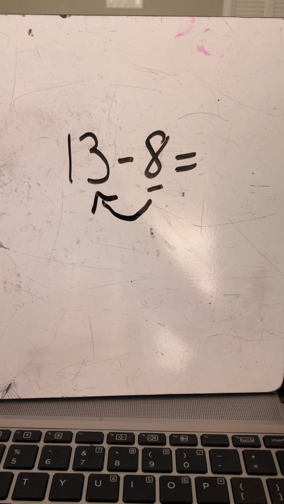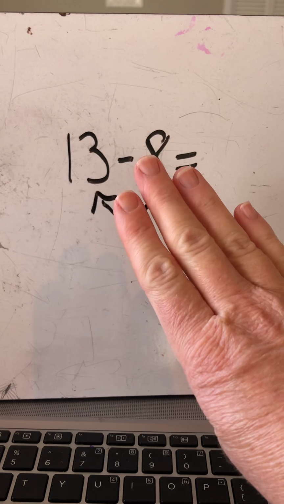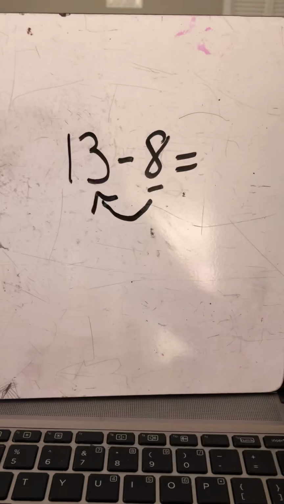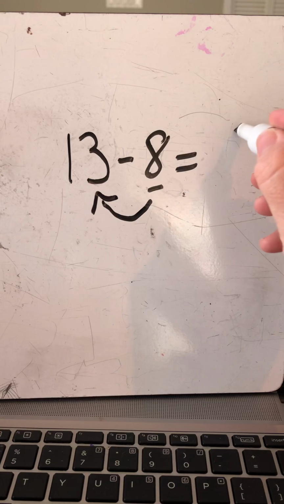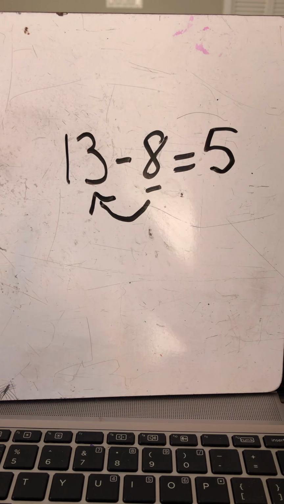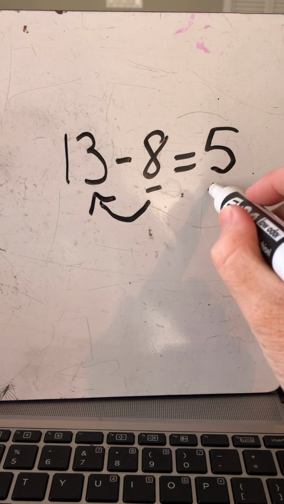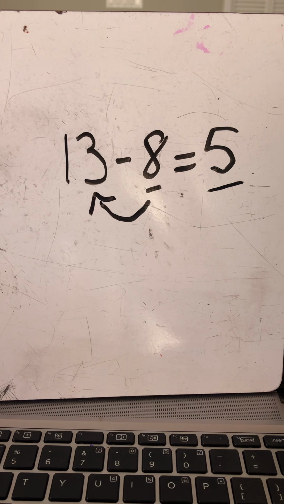So let's see what that looks like. 8, 9, 10, 11, 12, 13. Okay, 5. You could have also said to yourself, oh, I know that 8 plus 5 is 13, so our missing part would be 5.